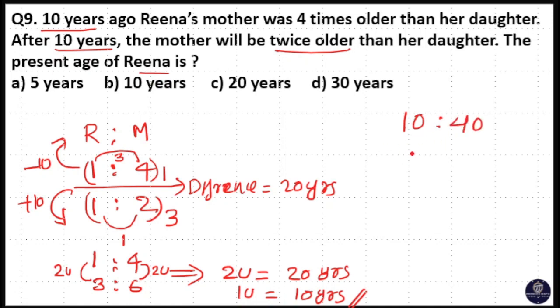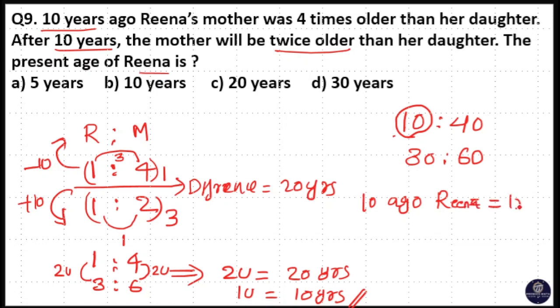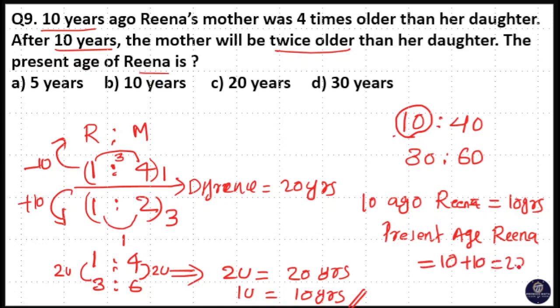Same way, 3 units is equal to 30 years and 6 units is equal to 60 years. So 10 years ago, Reena's age was 10 years. The present age of Reena is 10 plus 10 years. That is 20 years. So your answer is option C.